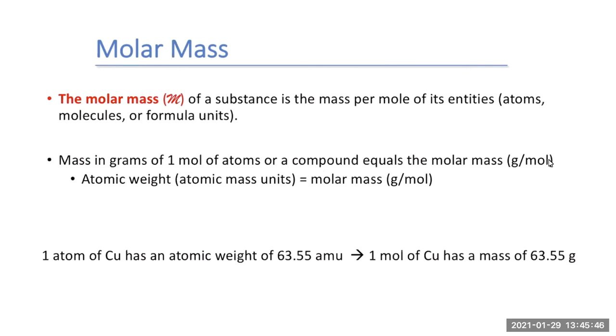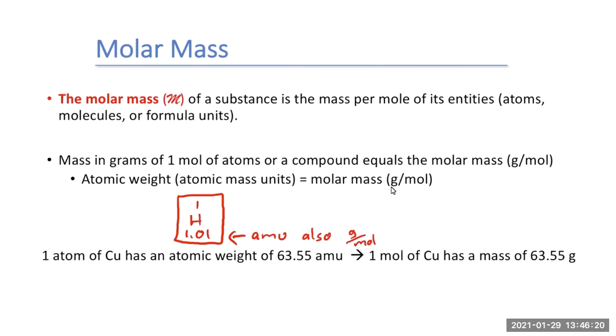And one important thing, remember on the periodic table, say we're looking at hydrogen, remember this number down here, that was our atomic mass units. That told us how much one atom weighed in atomic mass units. That number is also its molar mass. It's grams per mole. So remember, atomic mass units, we're looking at the weight of an individual atom.